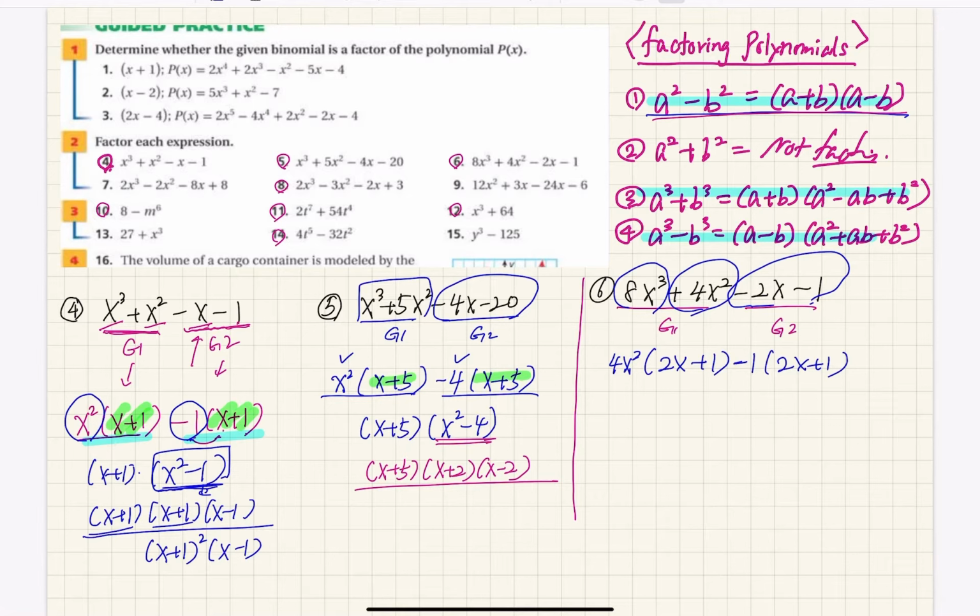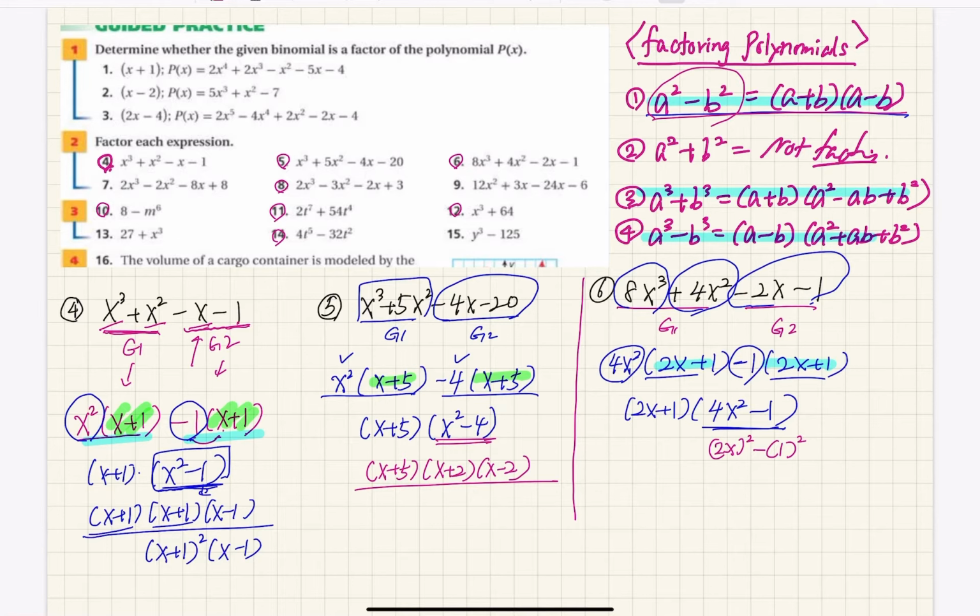And then you can use 2x plus 1 as another common factor, right? So 2x plus 1 out, and then you put the remaining terms, 4x squared minus 1. This factor is more factorable because this is like 2x in parentheses squared minus 1 squared, which is a squared minus b squared form.